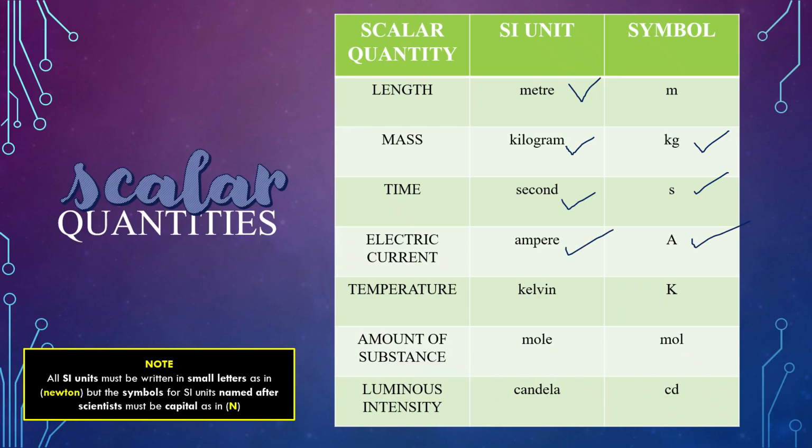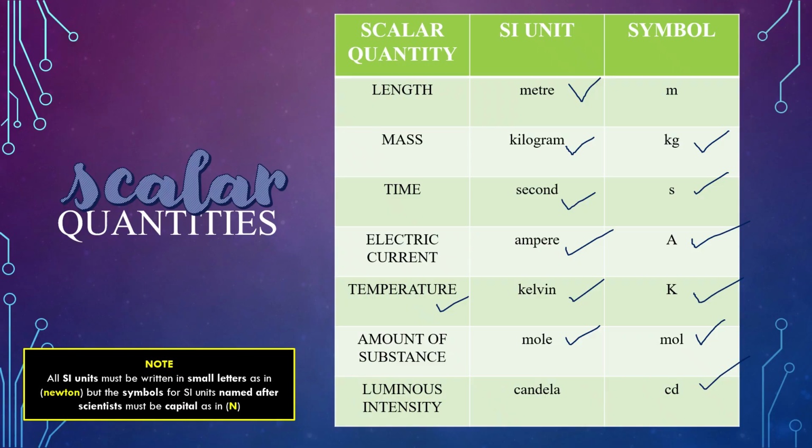You will be studying the electricity chapter also in grade 10. Temperature, Kelvin, that's the SI unit, and symbol is capital K. Amount of substance, mole, that comes across in your chemistry chapter, the symbol is mol. And luminous intensity, the SI unit is candela, and the symbol is cd.